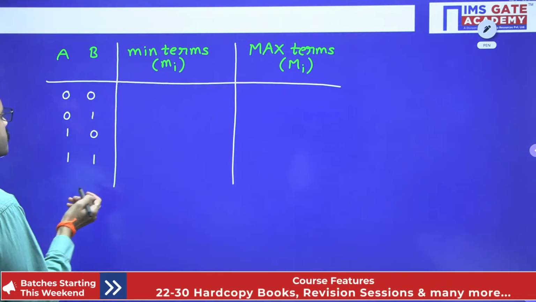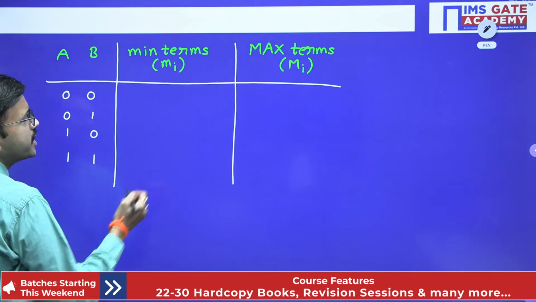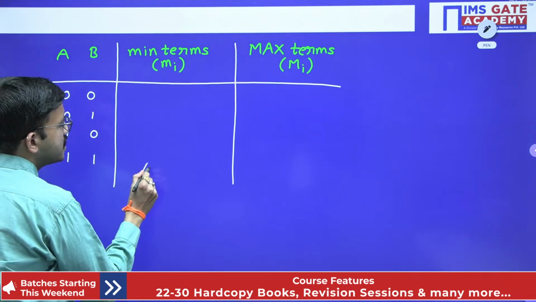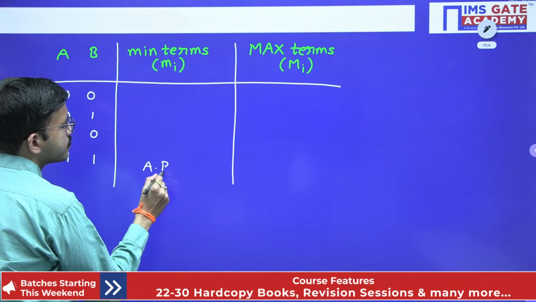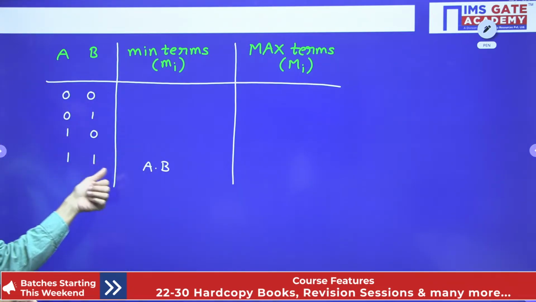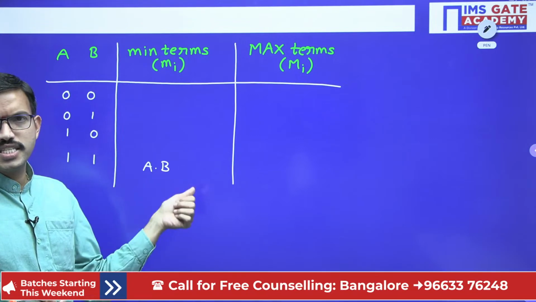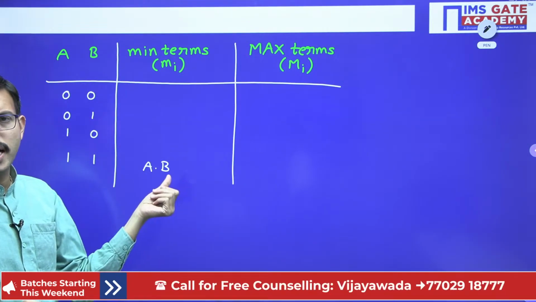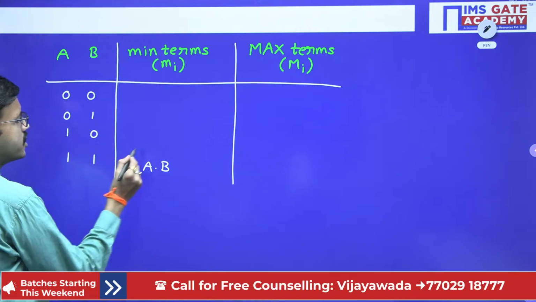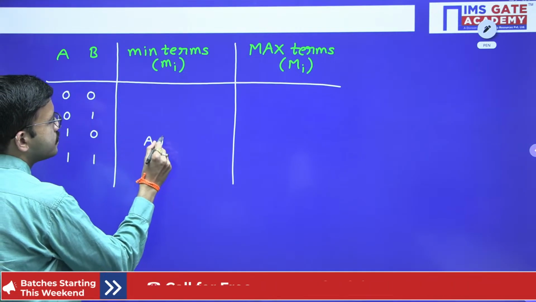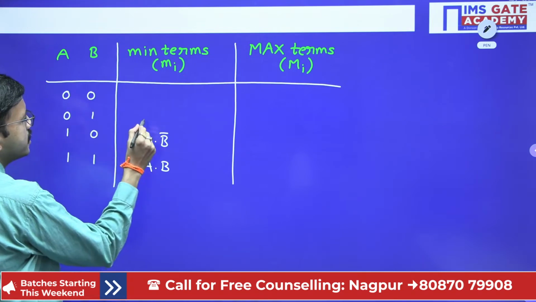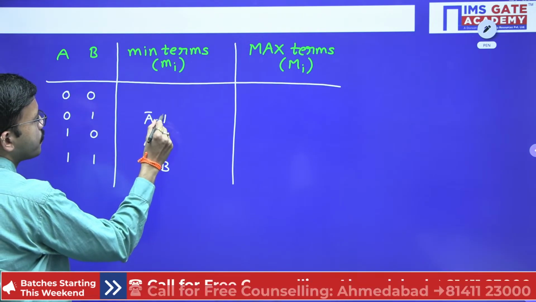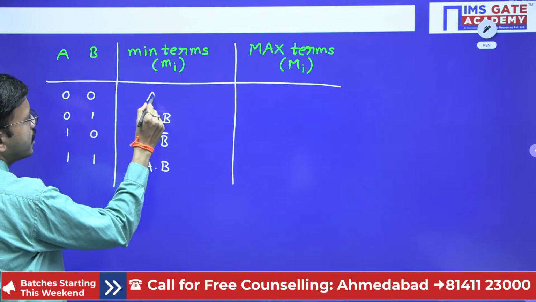For the 1 1 case, if the output is 1, we represent it as A and B. Substituting these two values gives output 1. Here we are performing logical AND among the binary variables. Similarly, for the 1 0 case, A and B bar; for the 0 1 case, A bar B; and for the 0 0 case, A bar B bar.